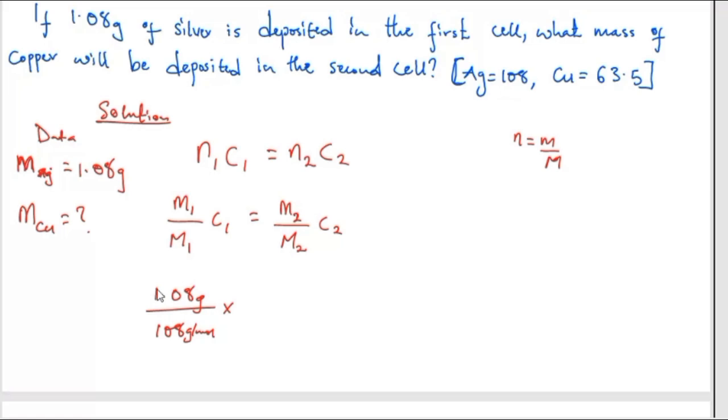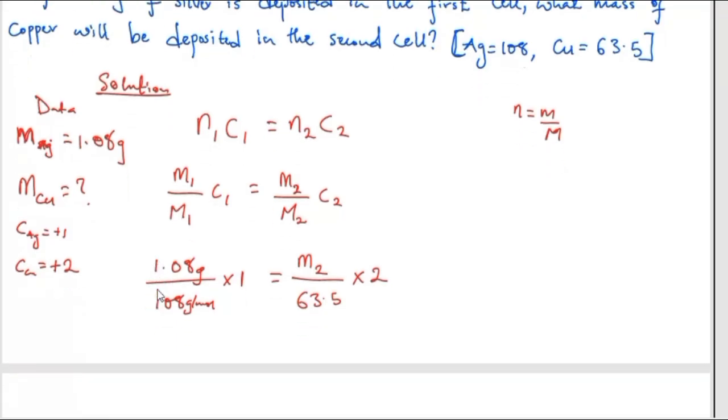I told you that the charge of silver is plus 1, which is 1, while the charge of copper is plus 2, because it told us copper 2. We also have copper 1, but this one is copper 2. So times 1, which is the charge of silver, is equal to, we don't know the mass of copper, divided by the molar mass of copper, which is 63.5 times what? What is the charge of copper here? 2.